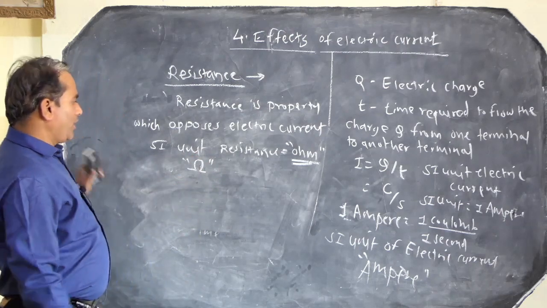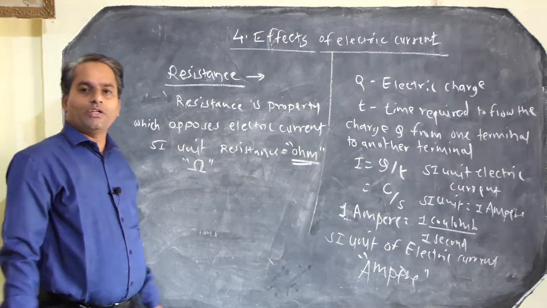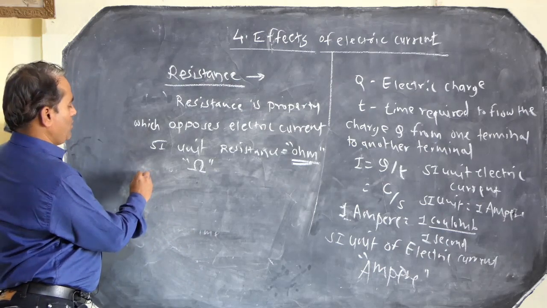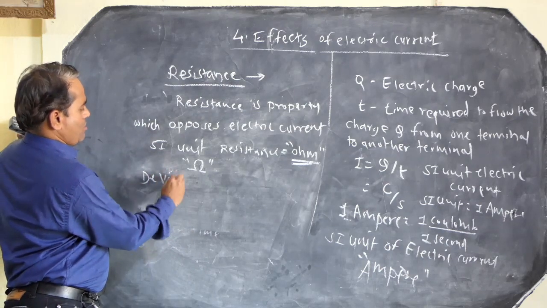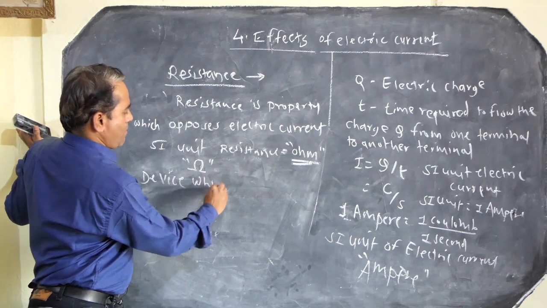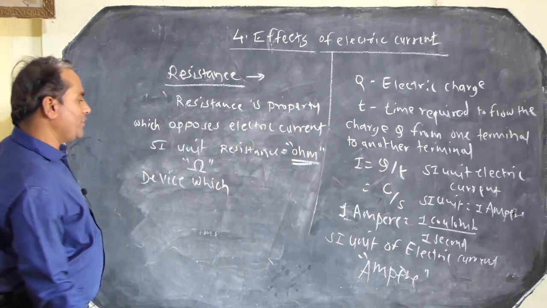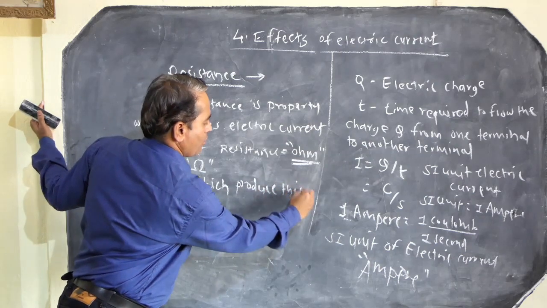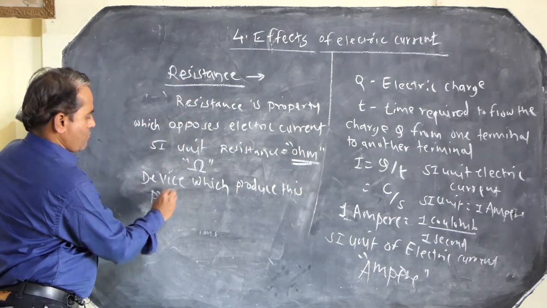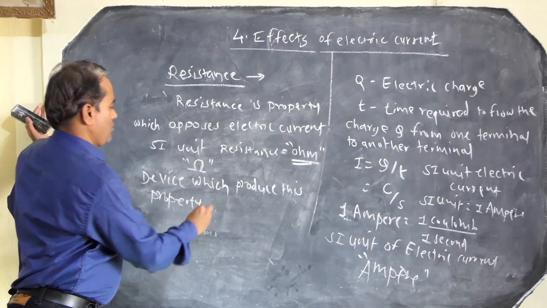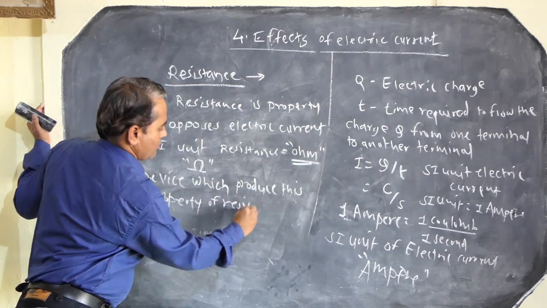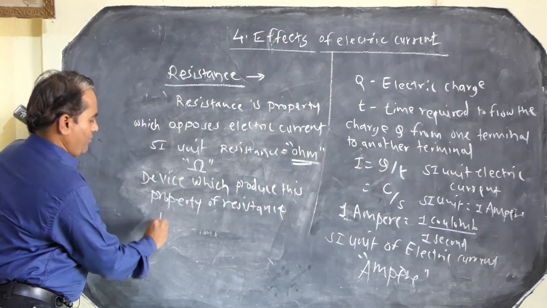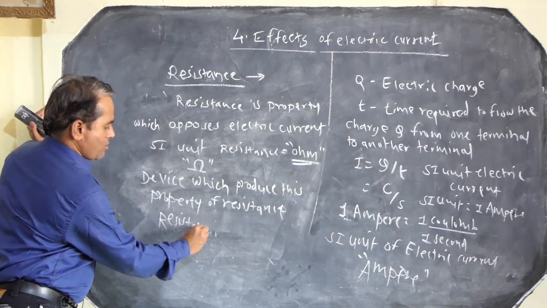So the SI unit of resistance is the ohm, and the device which produces this property of resistance is called a resistor.